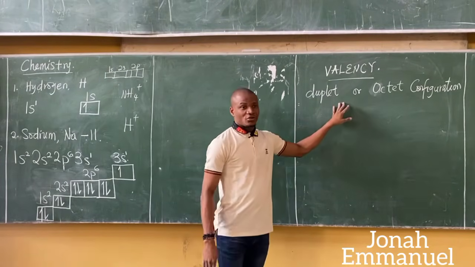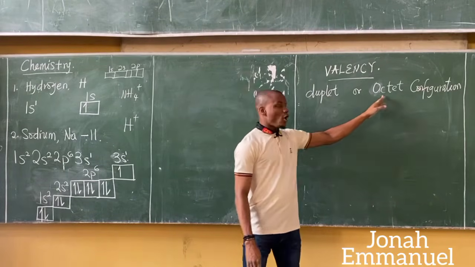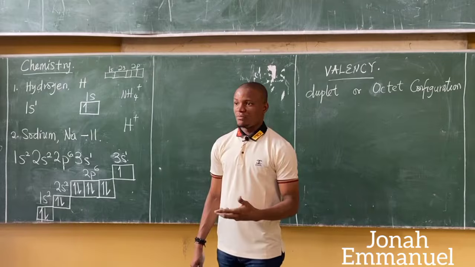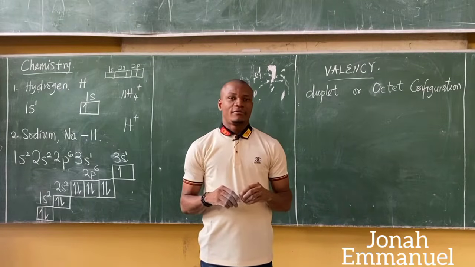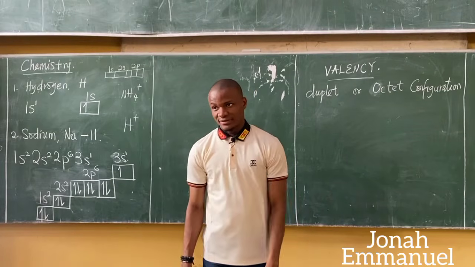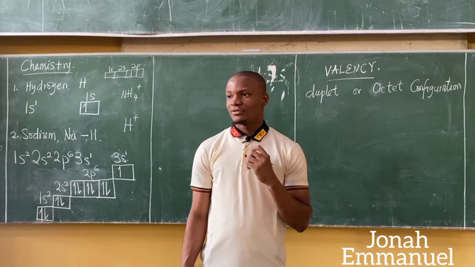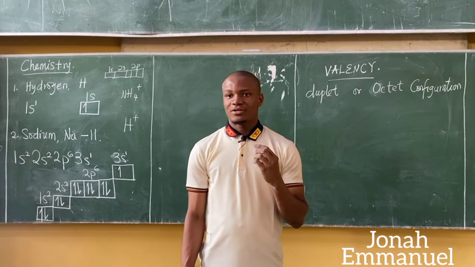By duplex configuration, we mean it must have 2 valence electrons, and by octet configuration, 8 valence electrons. So here's the punchline. Before then, what's a valence electron?